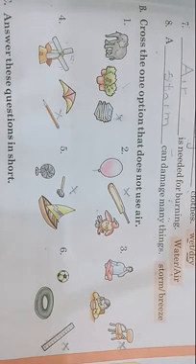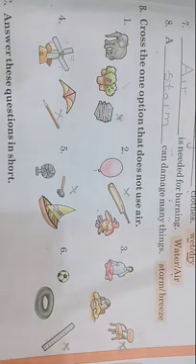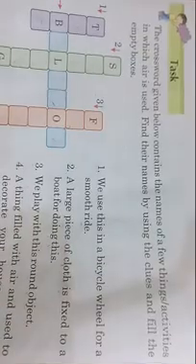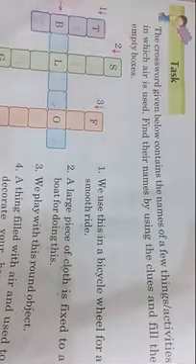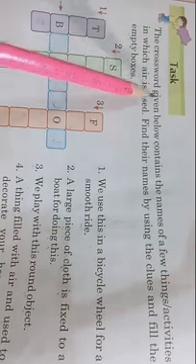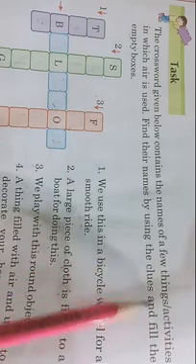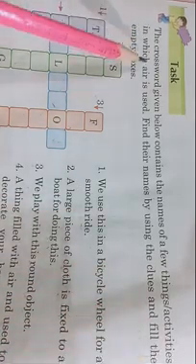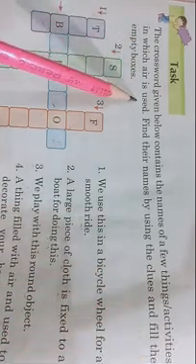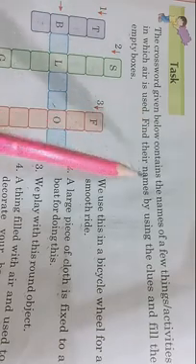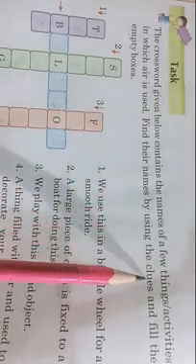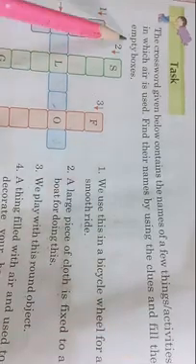Okay students, after doing this work, you have to turn to the next page, number 72. Task is given here. The crossword given below contains the names of a few things and activities in which air is used. Find their names by using the clues and fill the empty boxes.